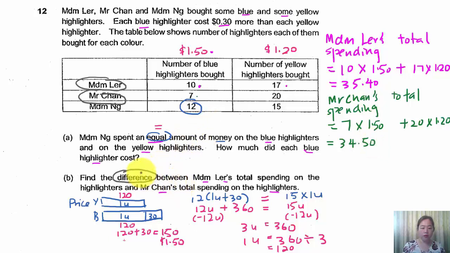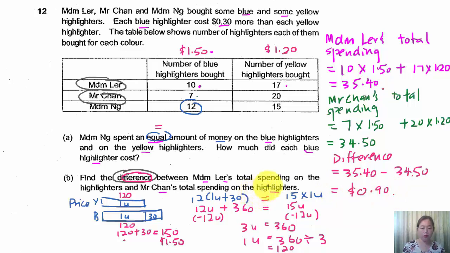So the difference will be equal to 35.40 from here minus 34.50, because we have to use the big number to minus the small number, which is equal to 90 cents.